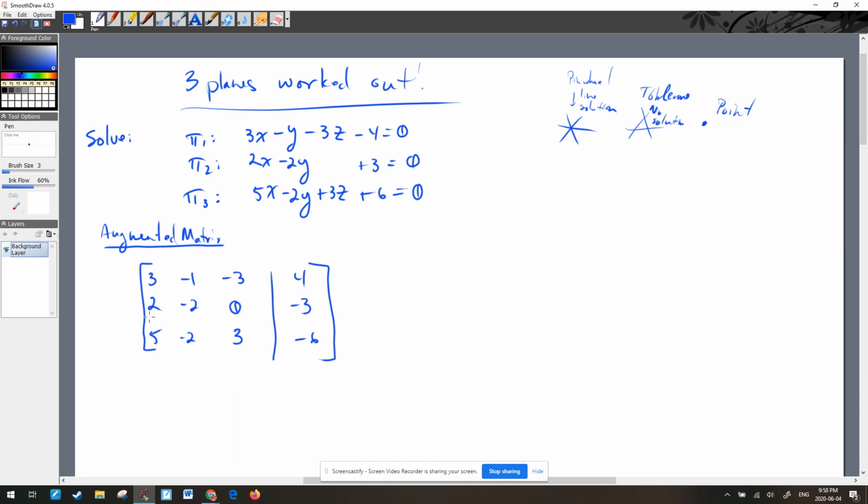If any of these things had a 1, I'd do the very first thing and go, yoink, and put that one up top. But none of them have a 1. Okay, so this is row 1, this is row 2, this is row 3. And we're going to have to be super organized, super diligent, and as neat as we can be.